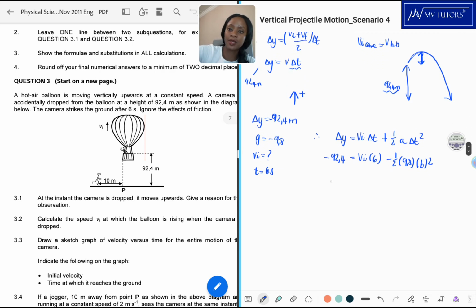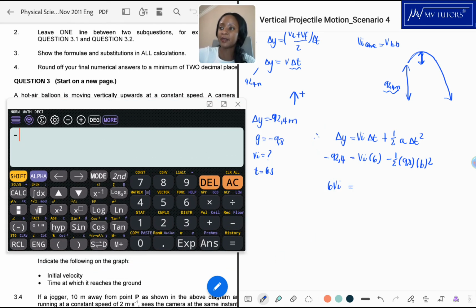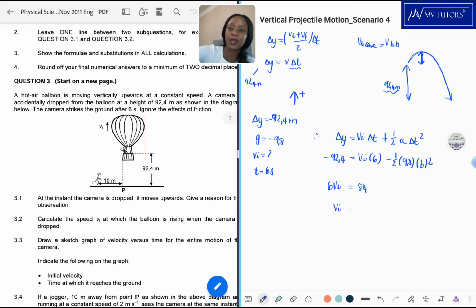Okay, so I'm going to have 6 times VI, and then I'm just going to take this whole term to the other side. So I have negative 92,4 plus 0,5 times 9,8 times 36. Okay, so I have 84. All right, and then so the initial velocity of my projectile, the camera, oh, I didn't finish calculating.